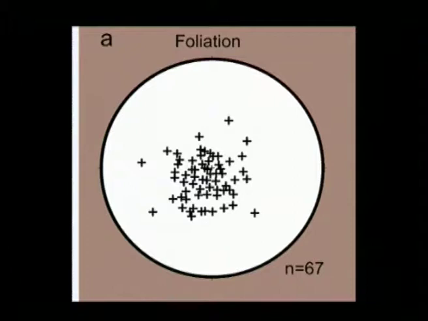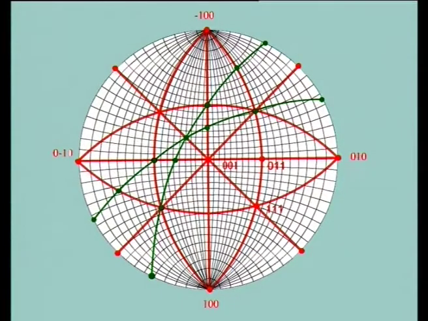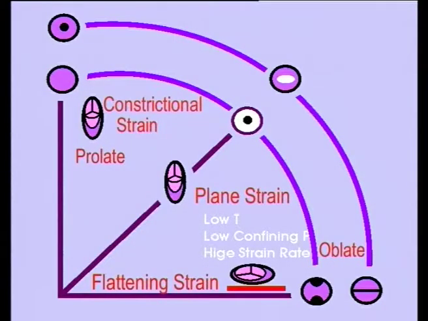The plotting of data, the distribution of the foliations and lineations on azimuthal projections like stereographic or equal area projections, helps us in identifying the deformational history, the strain pattern within the rock, whether it is of general flattening type, general constrictional type, or of general strain, with both flattening, that is elongation in one direction, and stretching in a direction perpendicular to it.